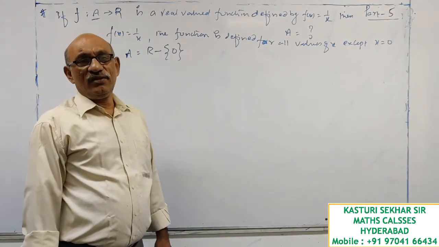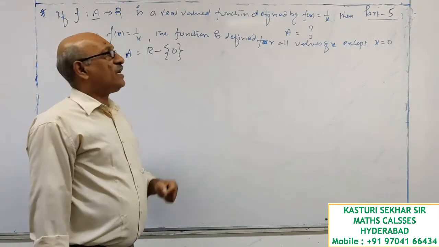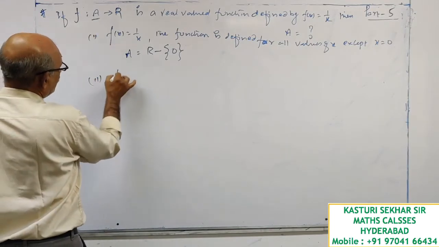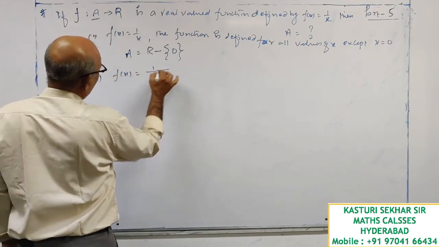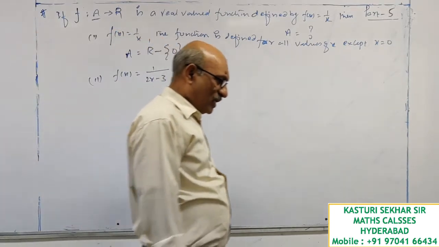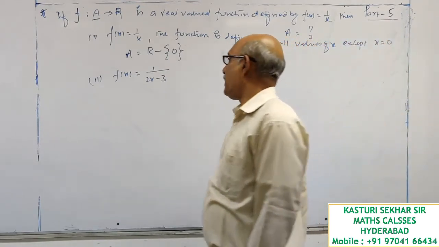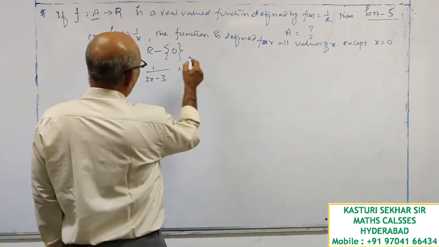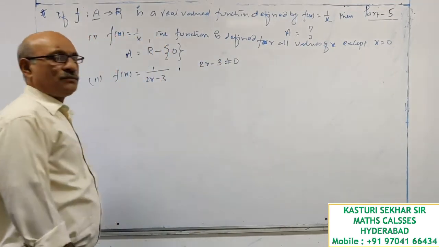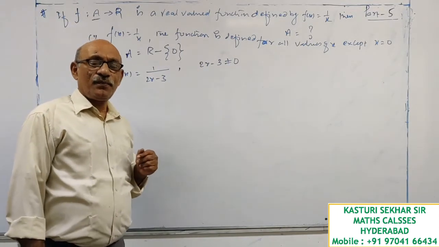Let us see, to understand this concept, one more example I am considering. f of x is equal to 1 by 2x minus 3. So what is the condition? 2x minus 3 is not equal to 0.